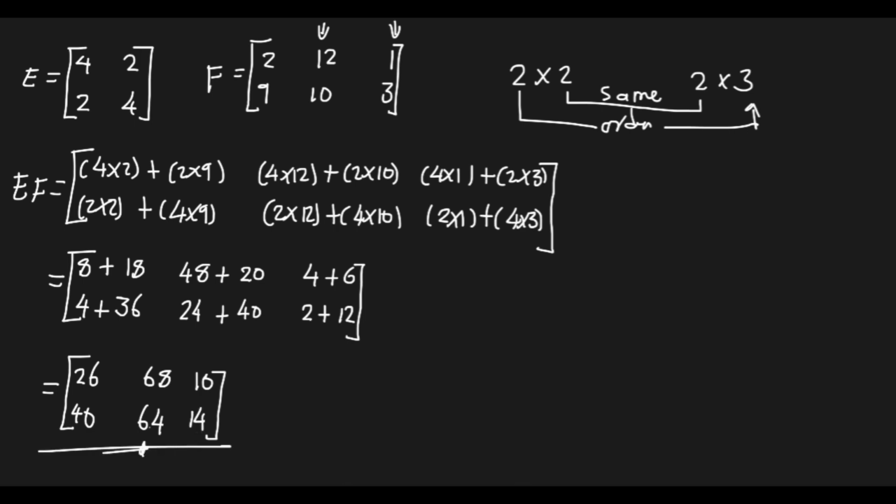So this is our final answer. As we can see, it's a 2 by 3 matrix. So this is how we can add, subtract, and multiply matrices.